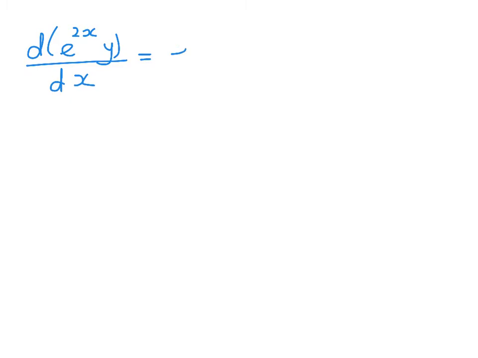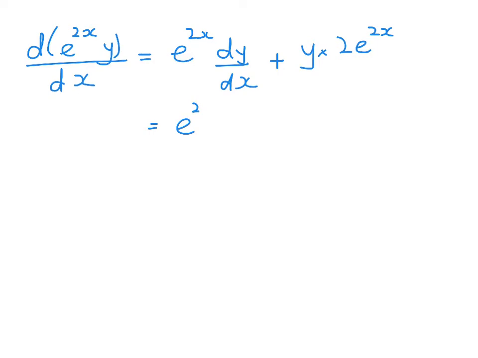So it's going to equal the first function, e to the 2x, times the derivative of the second, dy by dx, plus the second function, y, times 2e to the 2x. Now we know that dy by dx is equal to x minus 2y from the question, so we're going to substitute that in.